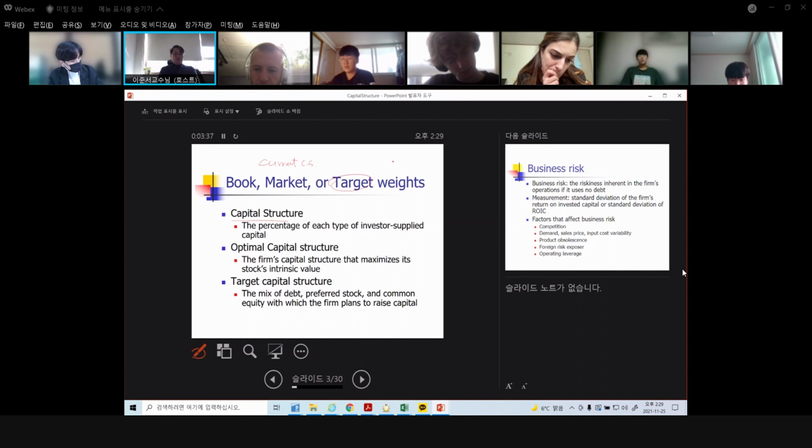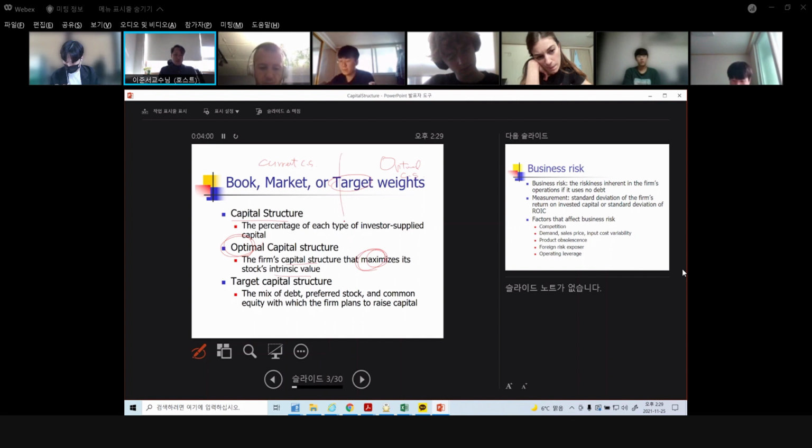Each company has its own optimal capital structure, right? The optimal capital structure is the one that maximizes the firm's value. The optimal capital structure, the firm's capital structure that maximizes its stock's intrinsic value, as you shall see.